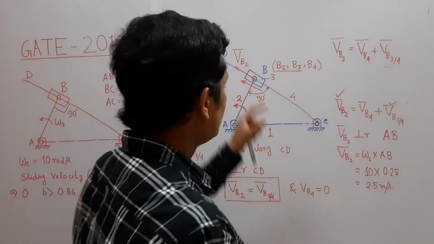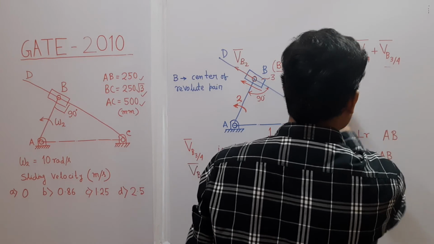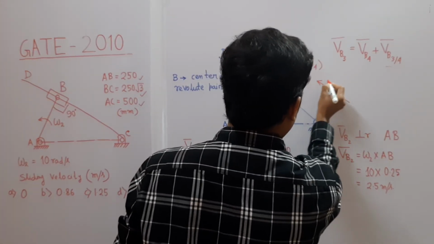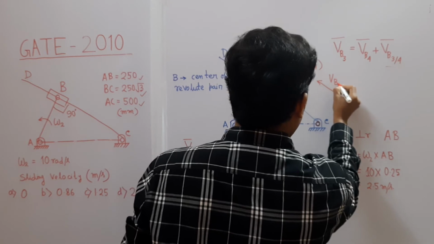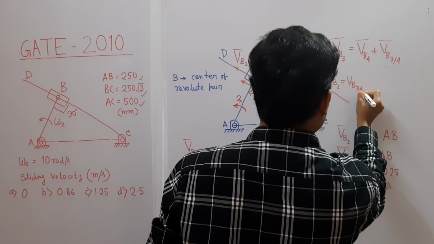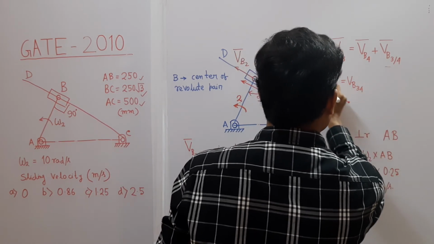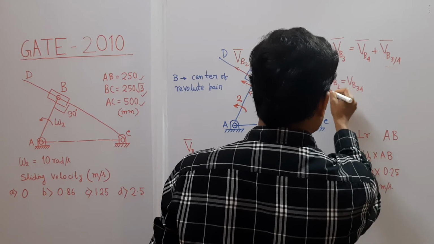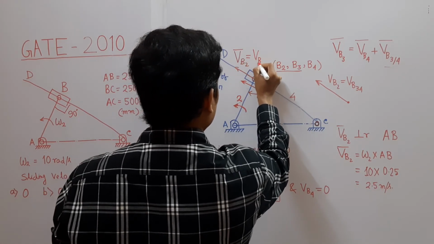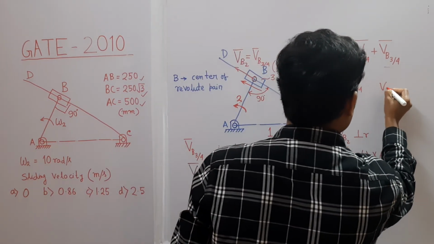That is, the velocity diagram becomes a line only. So the velocity diagram will be like this: V2 is equal to V3/4, and V4 becomes 0.